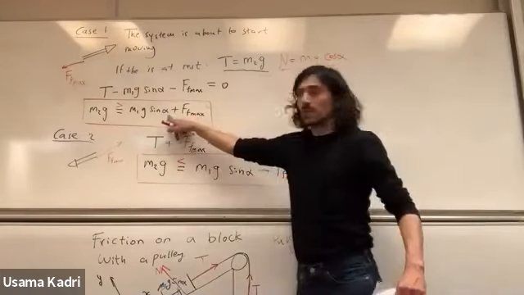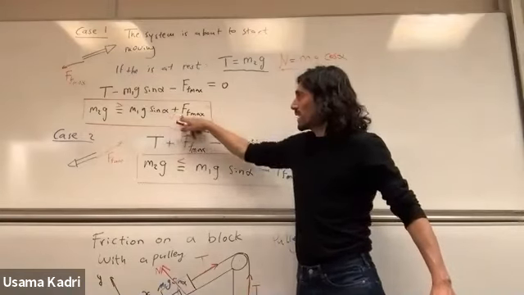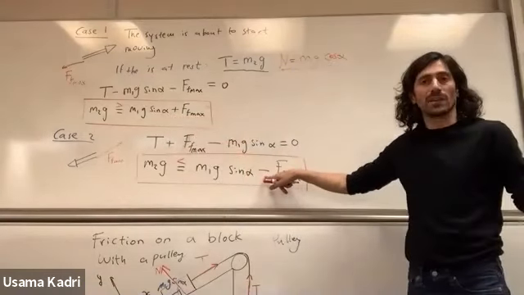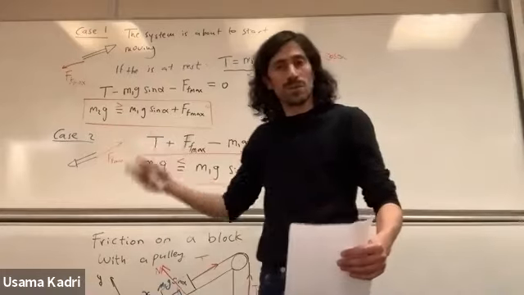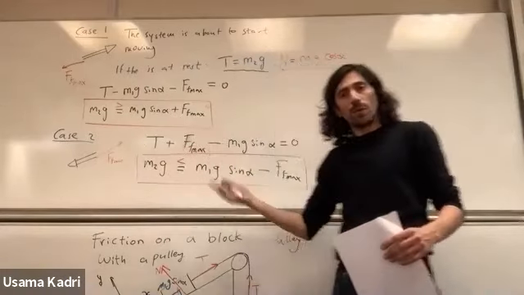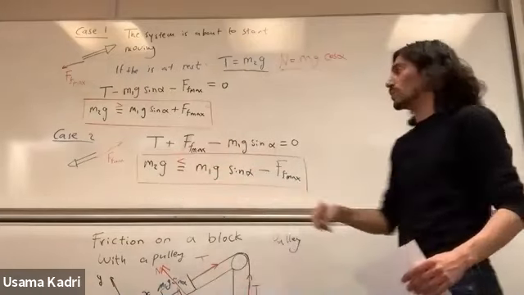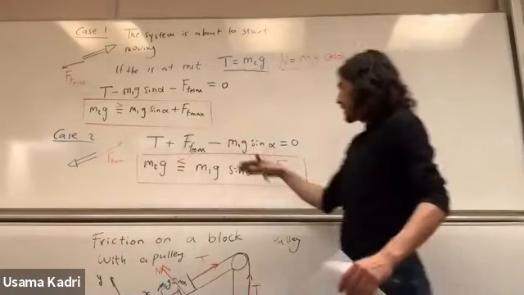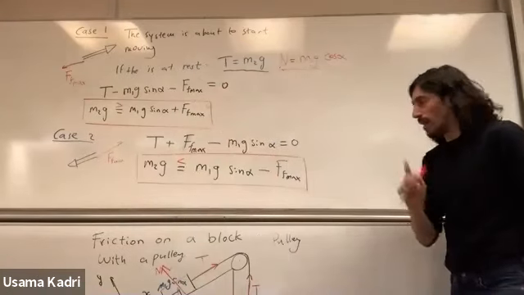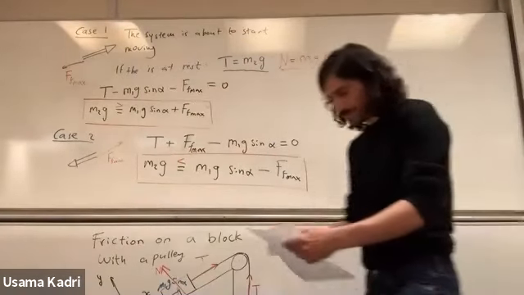And it's not opposite to that case, because you see here there's a plus sign, and here there's a minus sign. Why plus and minus? Because the friction force would change direction, depending on the direction of the movement. So one time it's a plus, another time it's a minus. You have to pay attention to that.